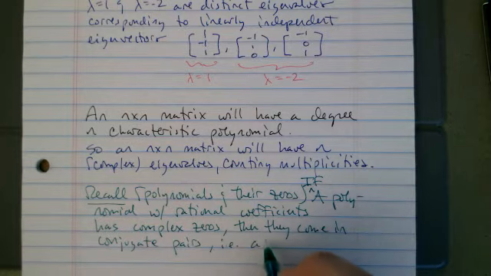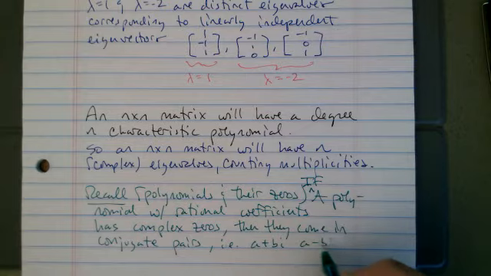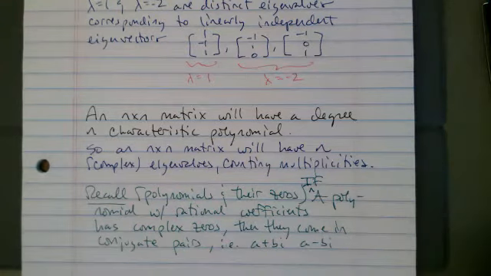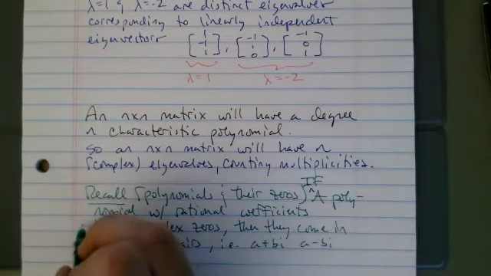That is, if there's a plus bi, then there's a minus bi.